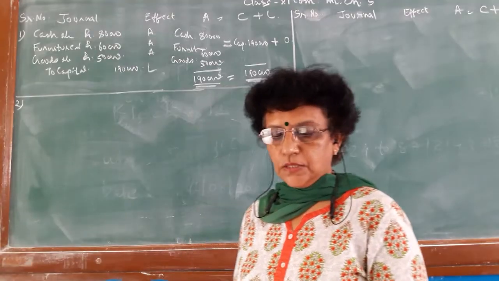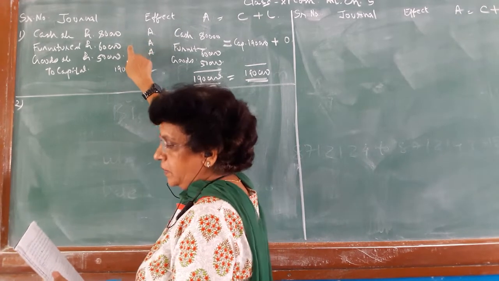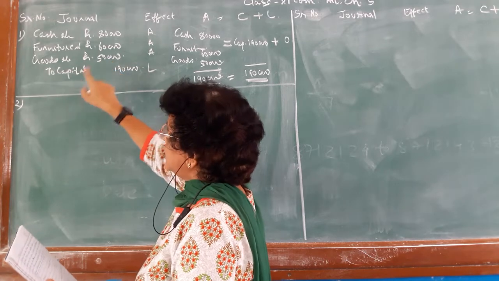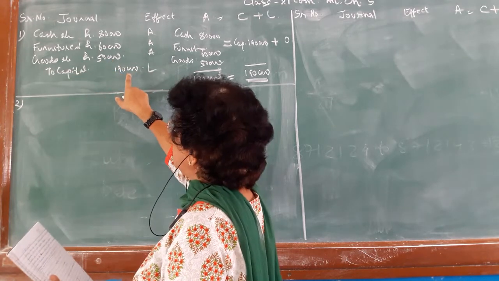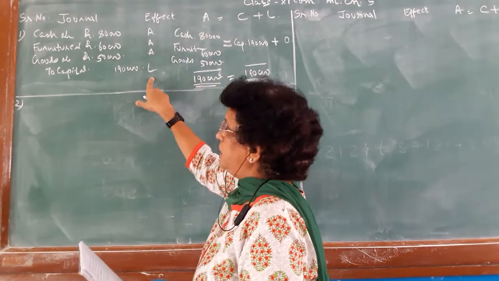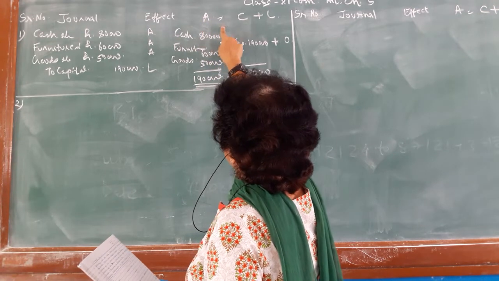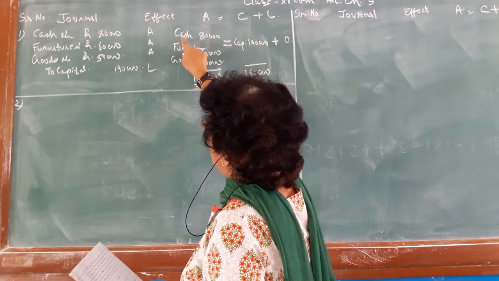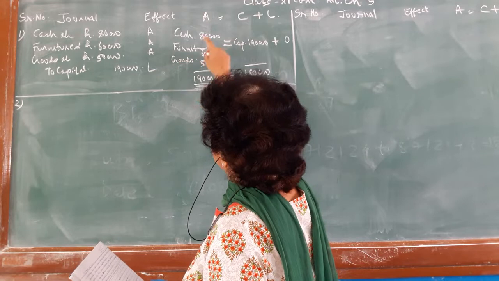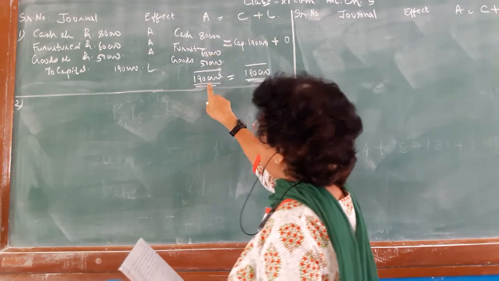So the first transaction is the opening balance of the cash account, 80,000. You have furniture account 60,000, goods of rupees 50,000, so that the capital becomes 1,90,000. Here, three are assets, one is the liability. We are going to put them into the equation, A is equal to C plus L. All the assets we put in one line: cash, furniture, and the goods. 80,000, 60,000, 50,000, so 1,90,000.